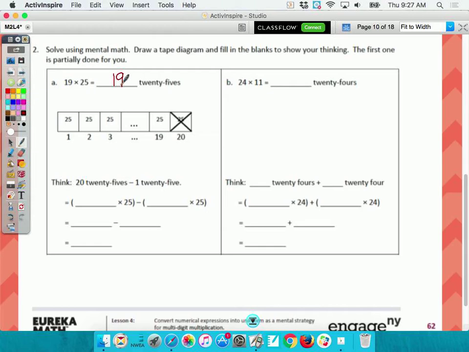19, okay? Now, the way they showed the drawing is not how we did it yesterday. We're going to think of what number to help us do 19 times 25 mentally. 20. Which one's larger, 20 or 19? 20. So that needs to go on top. 20 25s.